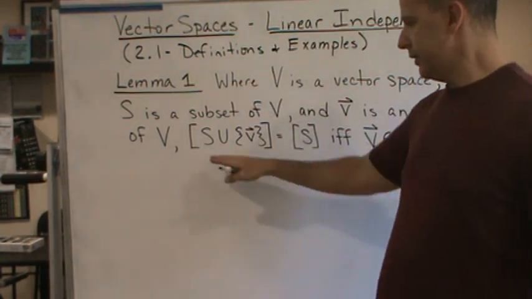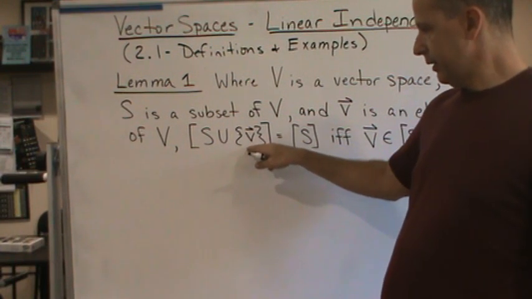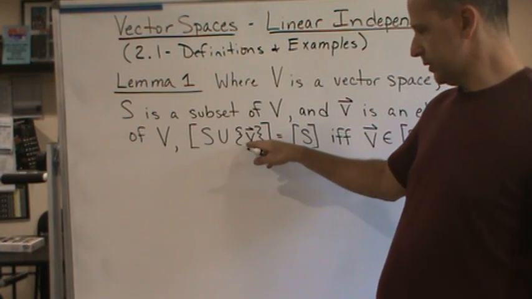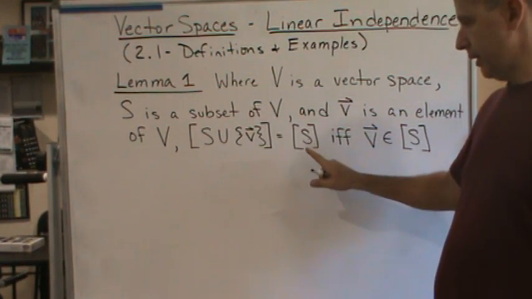Let me start over. The spanning set of the union of set S and the vector v, the singleton set with vector v, is equal to the spanning set of S.